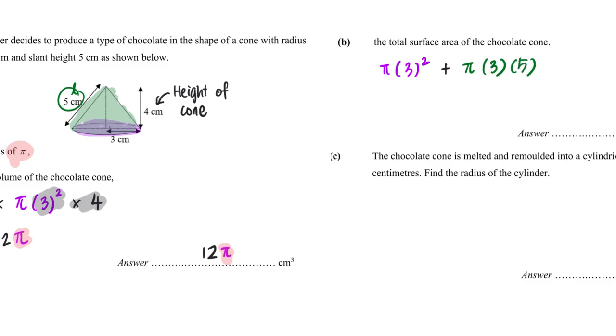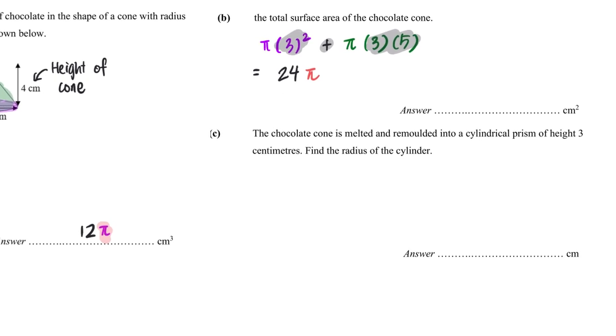Again, because we are going to leave it in terms of pi, I only need to find out what is 3 square plus 3 times 5. That will be 24, and this will be 24 pi.